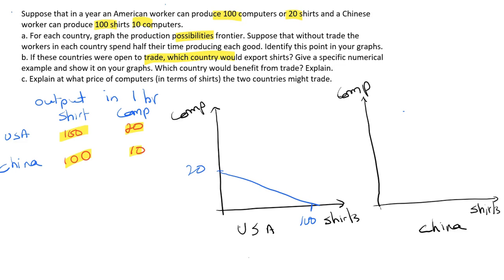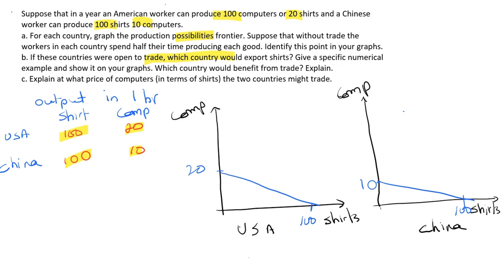Similarly for China, if they devote all their time to shirts, they can get 100 shirts. If they devote all their time to computers, they can get 10 computers. So this will be the PPF for China. And if workers devote half their time to each good, say one worker, in an hour they can produce 100 shirts in the US, so in half an hour they can produce 50 shirts.